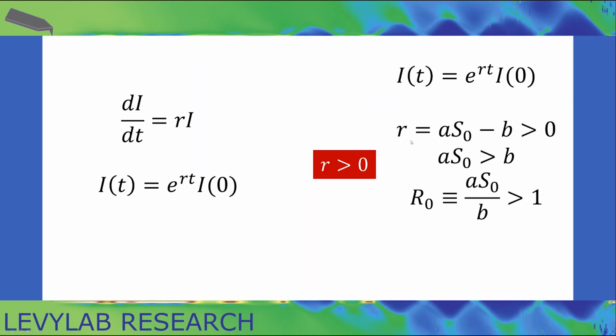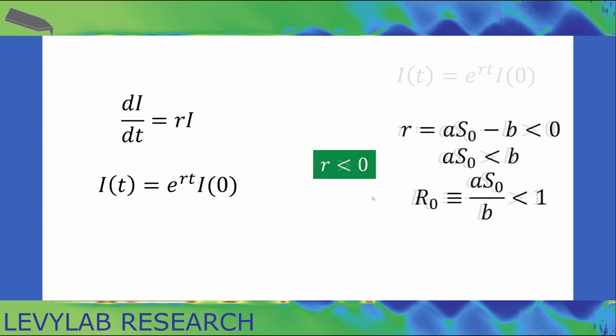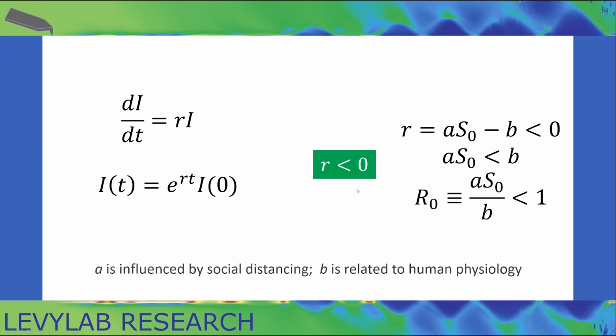Another way of writing this is to say that if lowercase r is greater than 0, then that means that A S naught is greater than B, or A S naught over B is greater than 1. And this is what is known as capital R0. So when this parameter is greater than 1, then we have exponential growth. And when capital R is less than 1, we have exponential decay.